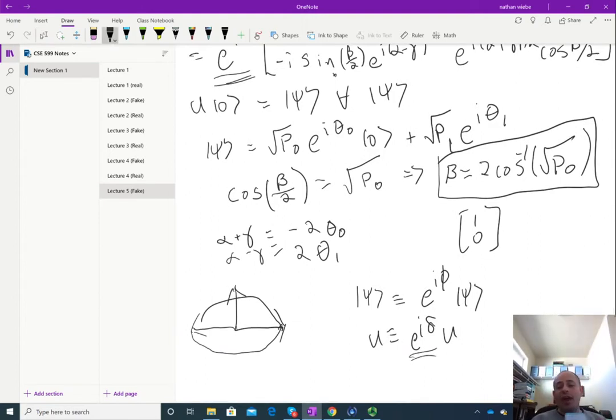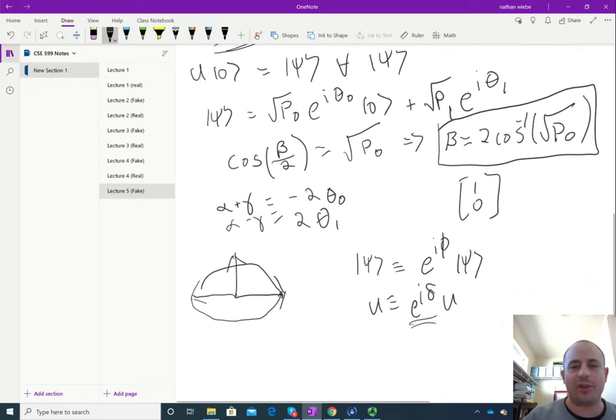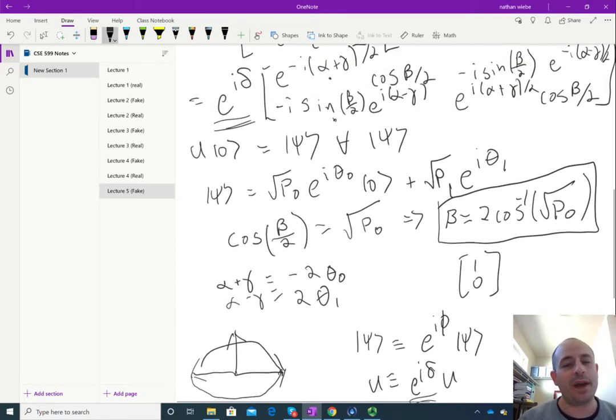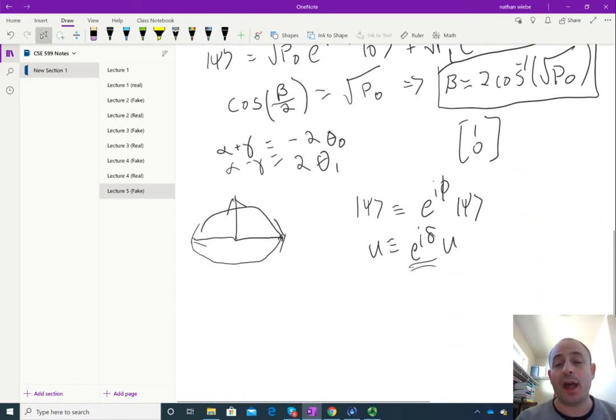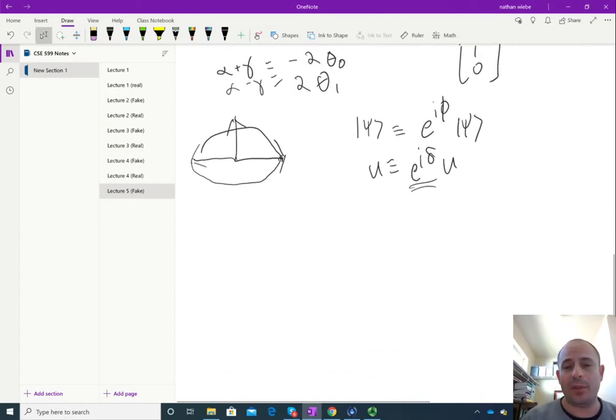And this is just an unfortunate side effect of the notation that we use for quantum. It leads to us having more than one valid representation for the same configuration as well as the same transformations. So that is what we do, and we can pick all of these parameters in an appropriate way in order to make that happen.